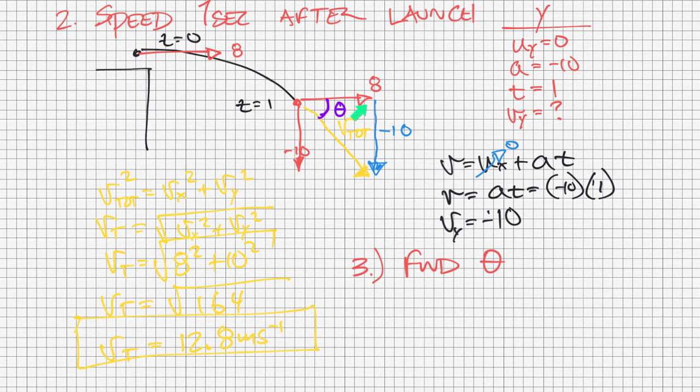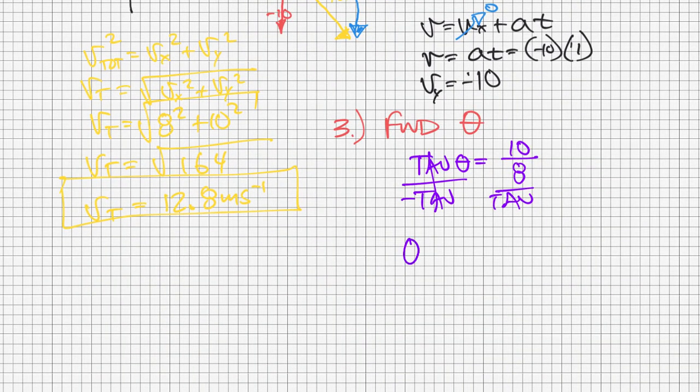With that, because we have a right triangle here, I can just use tangent, sine, or cosine. I usually like to use tangent just to be consistent with it. So I can say that the tangent of theta equals TOA, so opposite, which is 10, over adjacent, which is 8. I'm going to divide each side by tangent. I get rid of tangent on this side, and I'm left with theta equals the inverse tangent of 10 divided by 8.